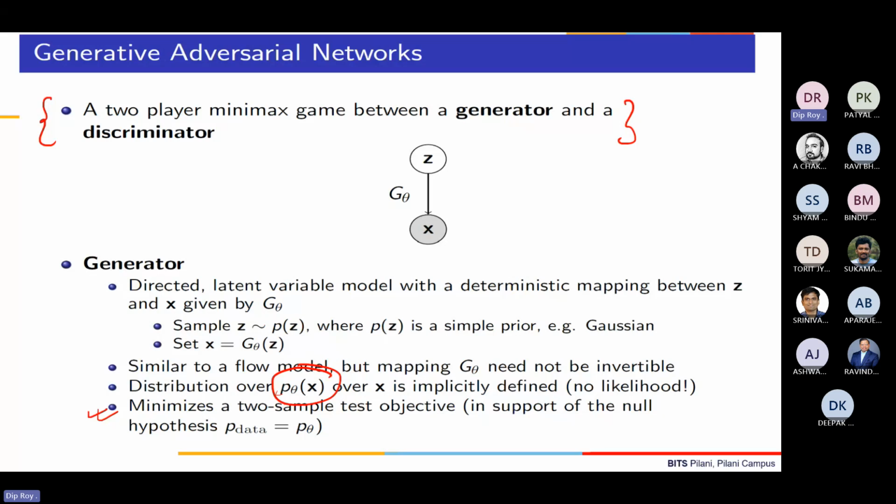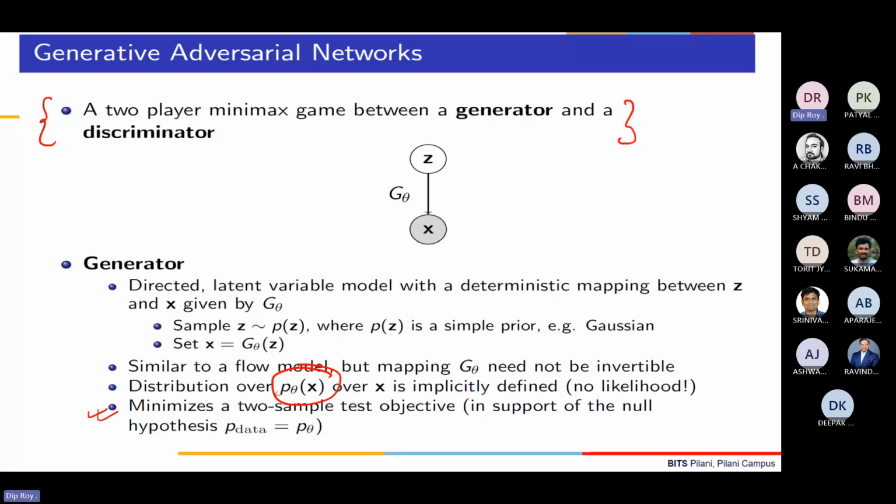Your objective function is actually minimizing the Jensen-Shannon divergence between the true and the fake distribution. So this is the build-up to the machinery of GAN.